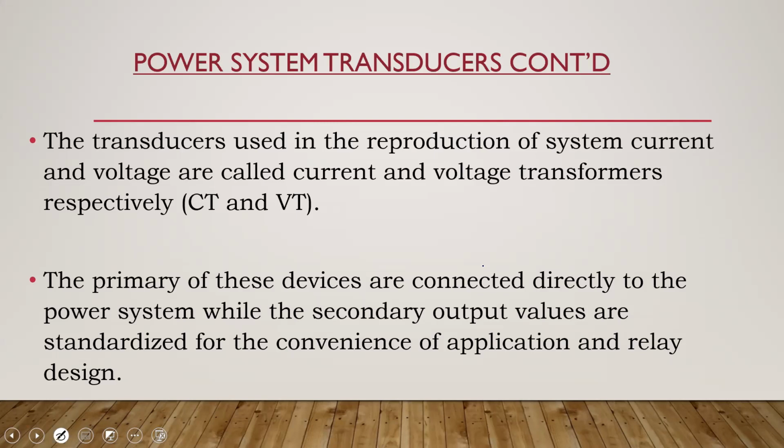For your CT and VT, you have the primary connected to the power system, and the secondary connected to the relay. We're just going to end with the figures on those, and then next week we pick it up from here, look at some problems, and that should be it.